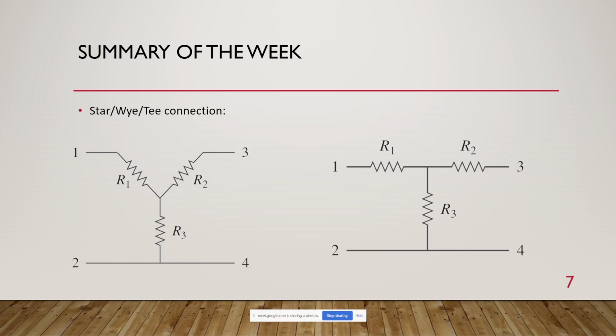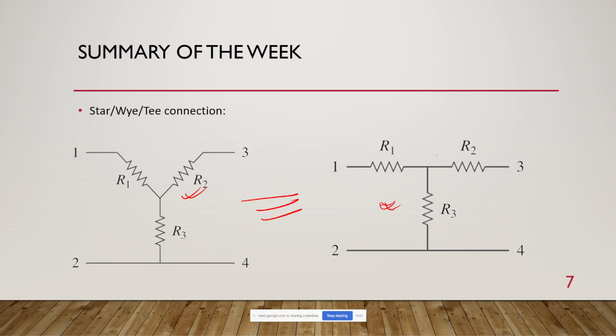Do you understand the reason that it is called a star connection? Why is it called a star connection network? Correct, right. It is looking like a star. That is why it is called a star connection. Again, this is exactly the same as this connection, isn't it? But this is not looking anything like a star.